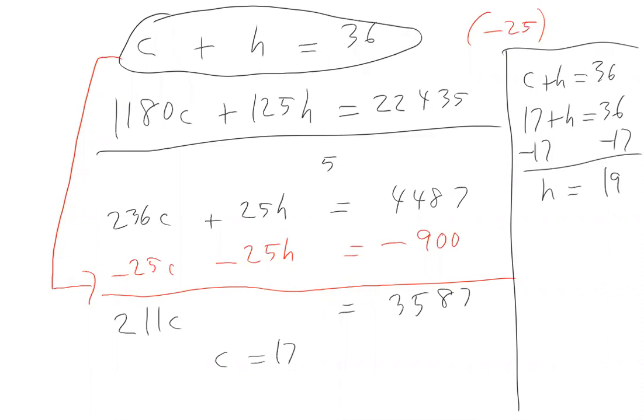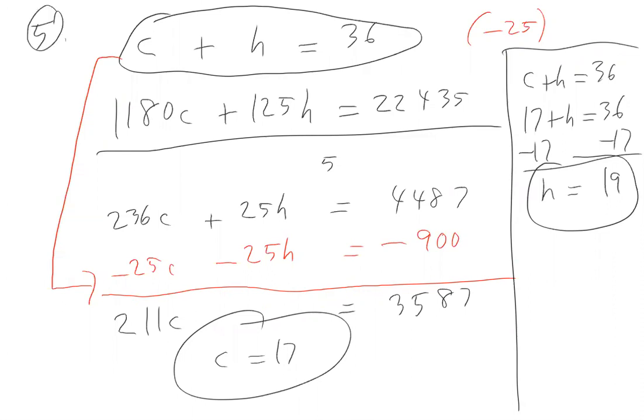So H equals 19. So the answer to the problem is that they sold 17 computers and 19 hard drives. Okay, that was problem number 5. So let's do problem number 6.